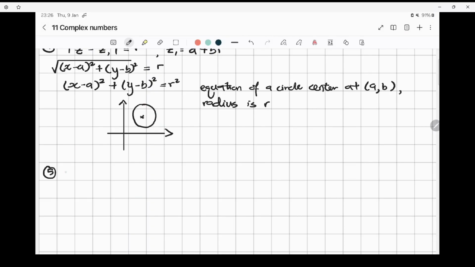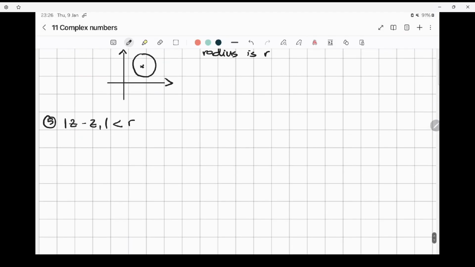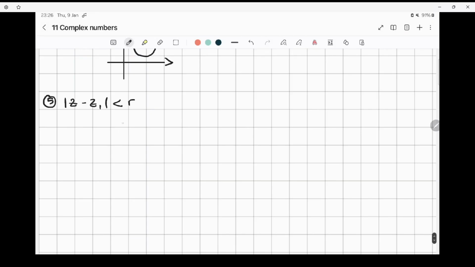Then if let's say you have modulus of z minus z1 smaller than r, what you need to draw is something like this. So you have your point here. Because there's no equal sign, you need to draw the dotted line of your circle and then highlight all the content inside.